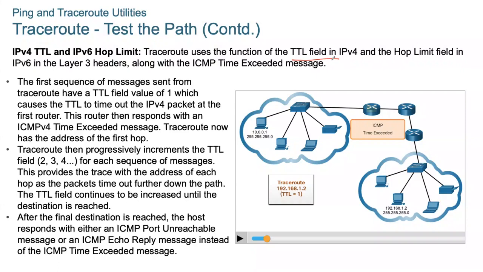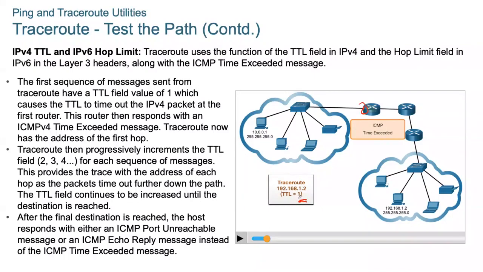This TTL provides how many hops the packet can travel, and after that it is automatically discarded from the network. In the example, the first sequence of messages sent from your traceroute has a TTL value of 1, which causes the time to live to time out for the IPv4 packet at the first router itself.